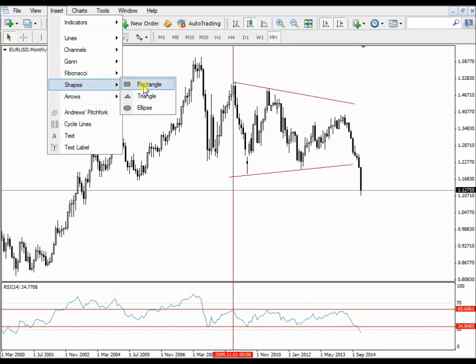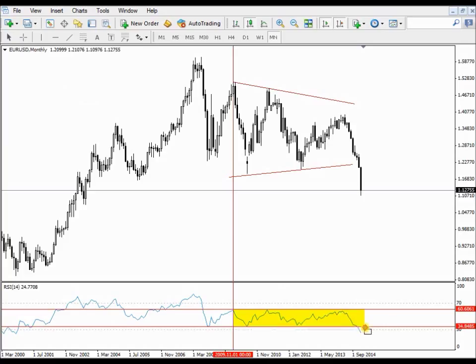That shows me this is a true triangle. The price is staying in the box of the relative strength indicator. My triangle is contracting with price. When did this triangle break out? At that point there, and that point there.